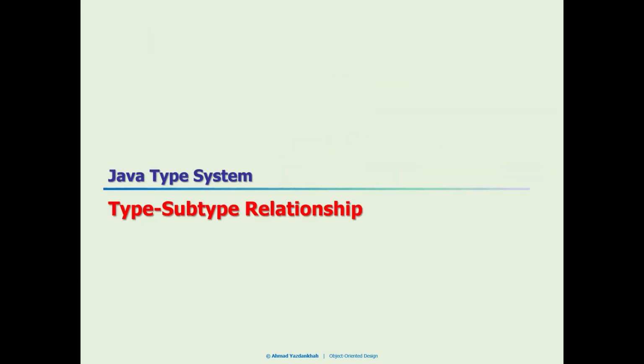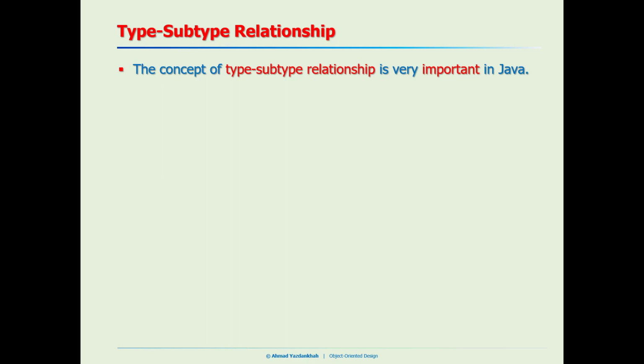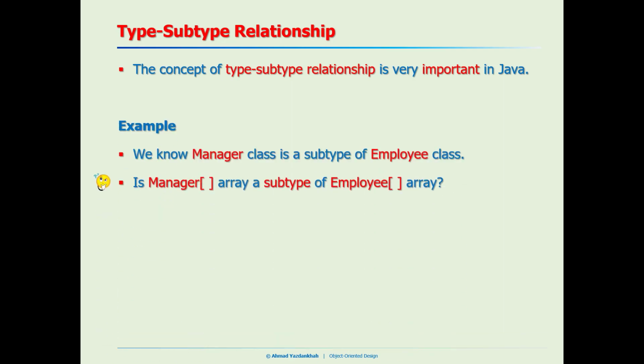What is the type-subtype relationship? We would need a precise definition of type and subtype. Okay, so this is a very important relationship. We need to be very clear about that. So why is this the case? Let me take an example. Let's say that manager is a subtype of the employee class.